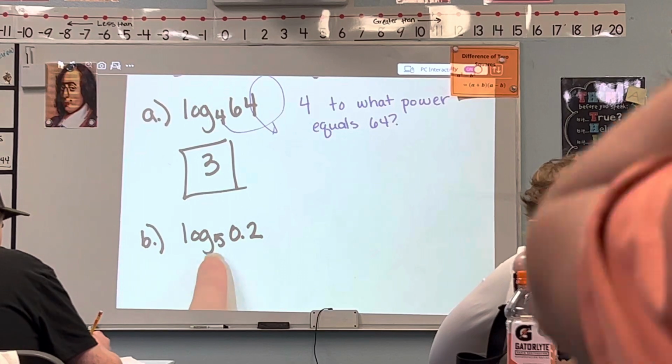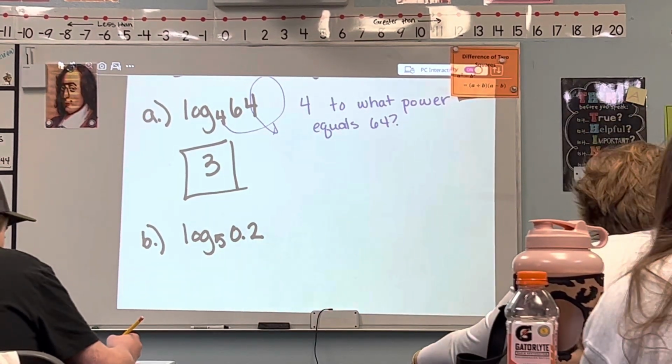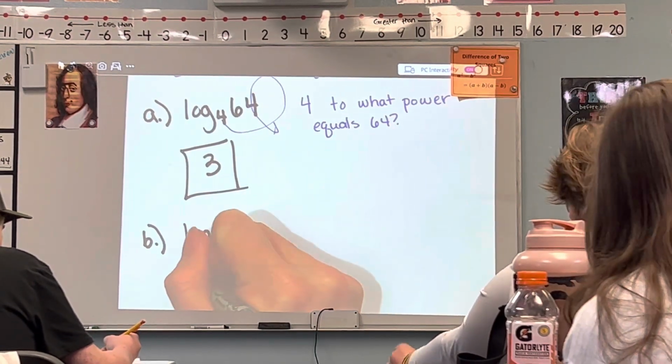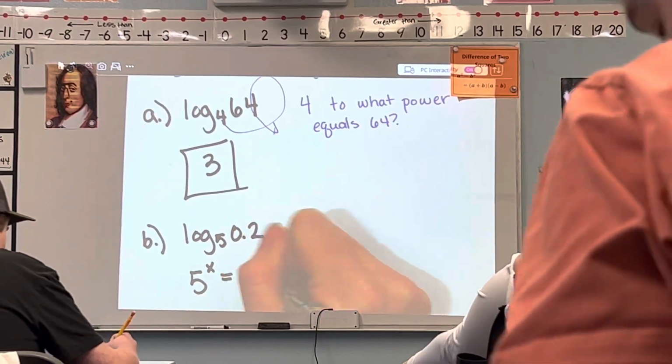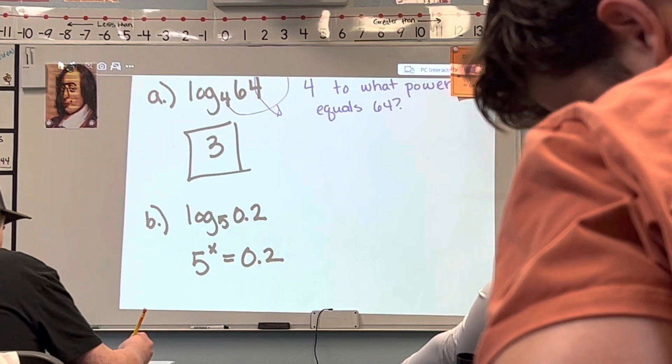5 to what power equals 0.2? So if we wanted to rewrite this, if you like the rewriting, you could write this as 5 to what power equals 0.2. This is what we're trying to figure out, right? Is it negative?